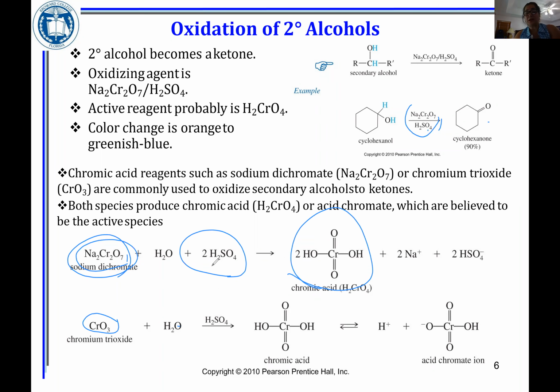Regardless, it's not inorganic chemistry, so you won't be asked how you would prepare the chromic acid, but you need to know that if you have sodium dichromate or chromic acid as the oxidizing agent, that is a strong oxidizing agent. If you add it to primary alcohol, it would go all the way to carboxylic acid. If you add it to secondary alcohol, it would go to ketone, but since there is no further oxidation for ketone, it will stop at that stage as a ketone.